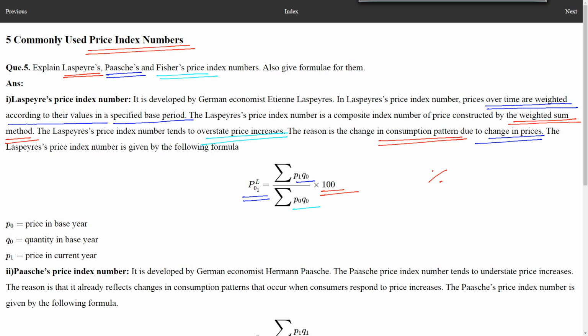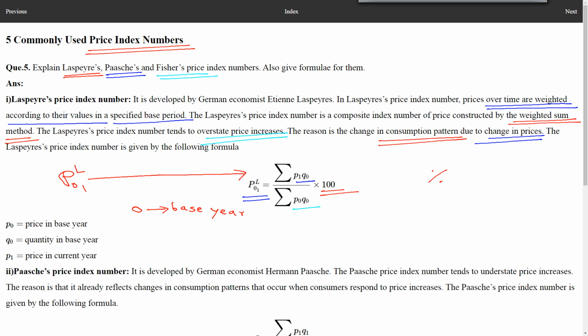We need to understand the basic notations involved in this formula. P01L denotes Laspeyres' price index number. The subscript 0 is used for base year.